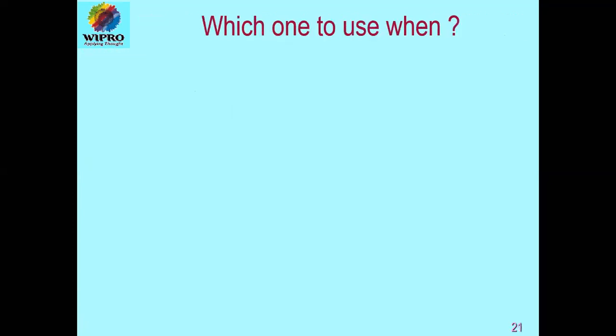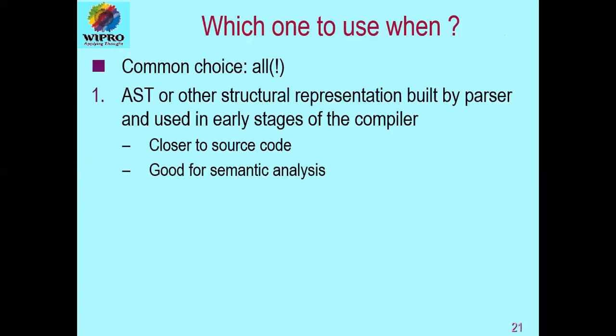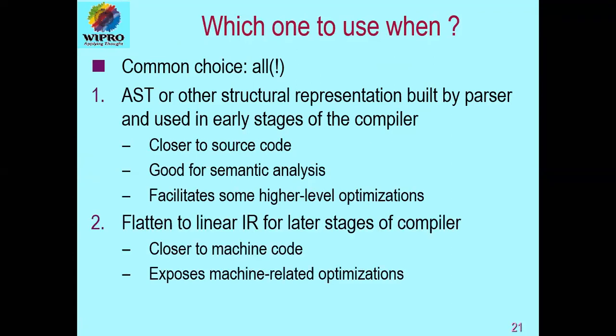So that's what it is. Which one to use? The choice is up to the designer of the compiler. Whichever one you want to choose, you can. The AST or other structural representations can be used at the stage of syntax analysis or semantic analysis, or usually we use flattened linear IR.